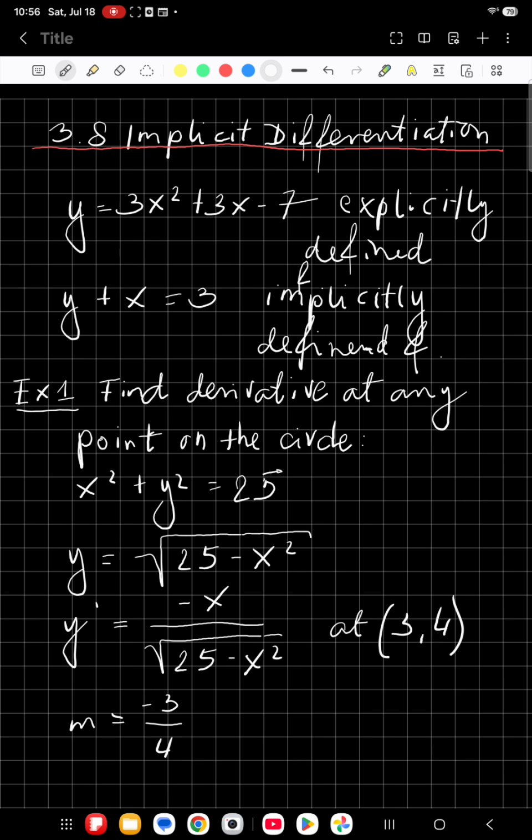But the problem is that using this type of differentiation, this type of formula, I cannot find a slope.